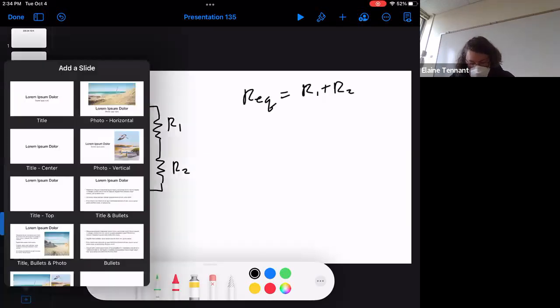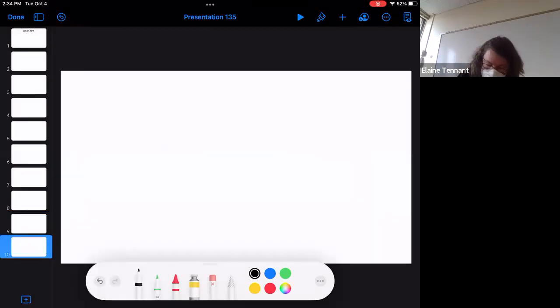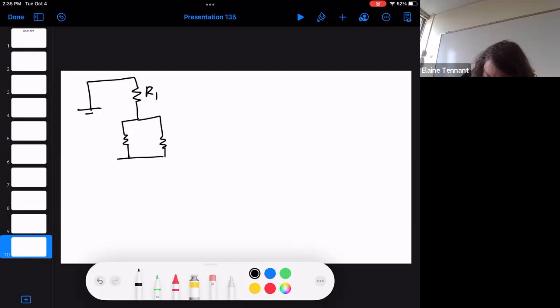So if I close this switch, you just told me that I can't consider R1 and R2 in series anymore. So how would I find the equivalent resistance of this circuit now?